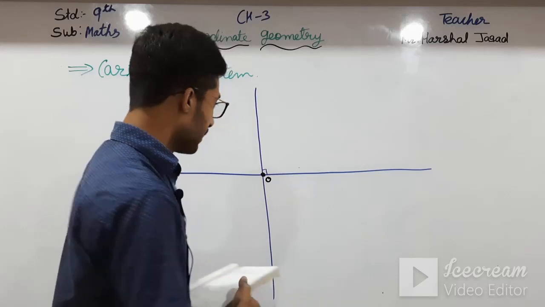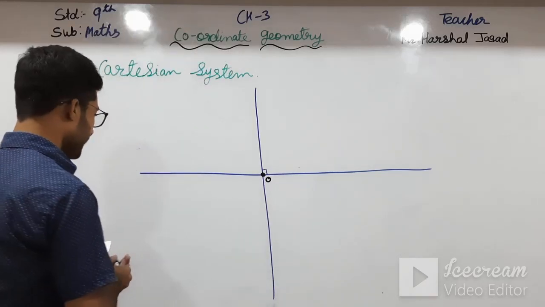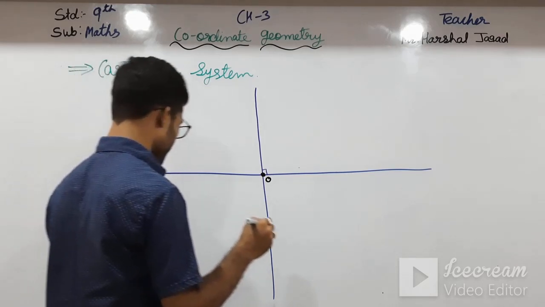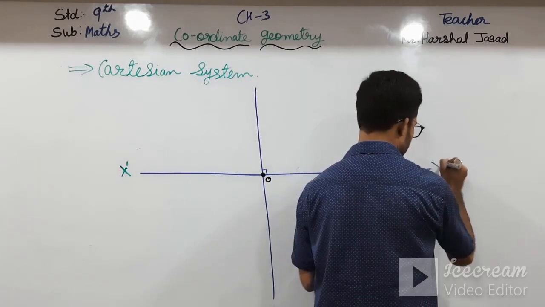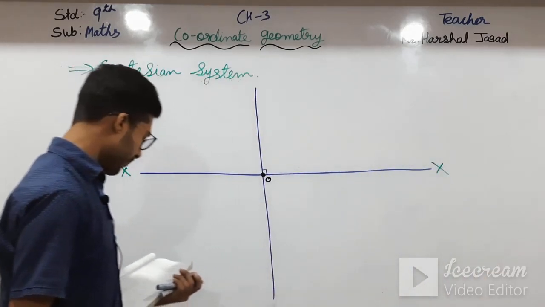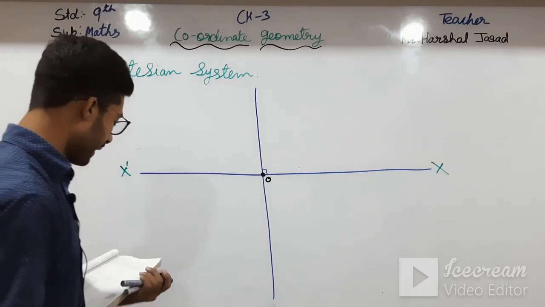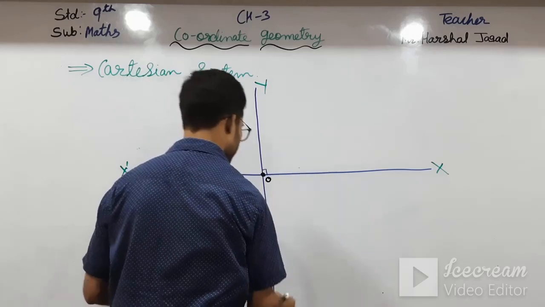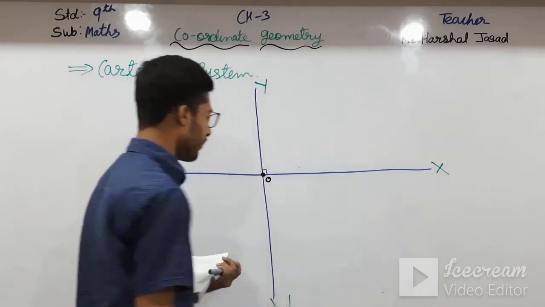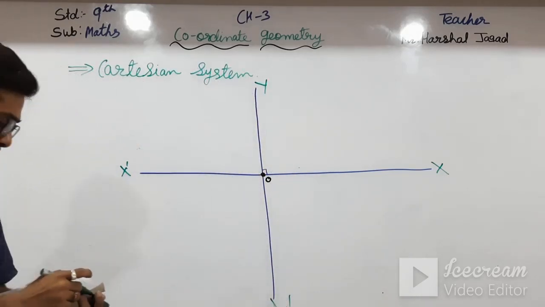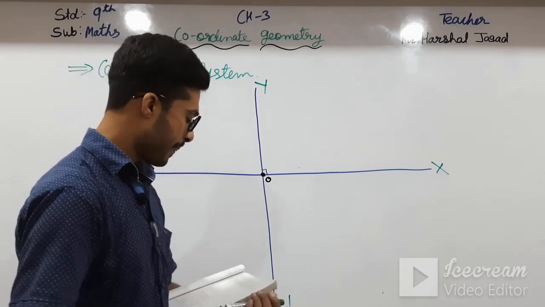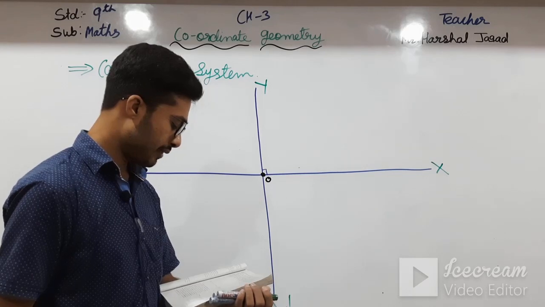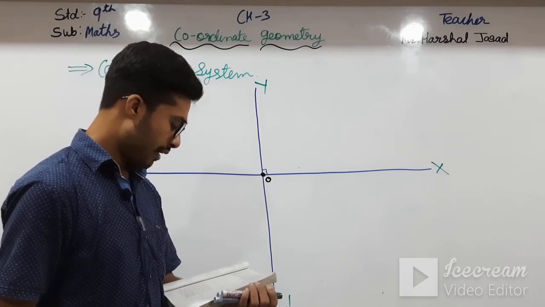See here, the lines I am giving names, x prime x horizontal and y prime y vertical. See here, y and this is y prime, this is vertical. Now reading the next point, combine both the lines in such a way that the two lines cross each other at their 0.